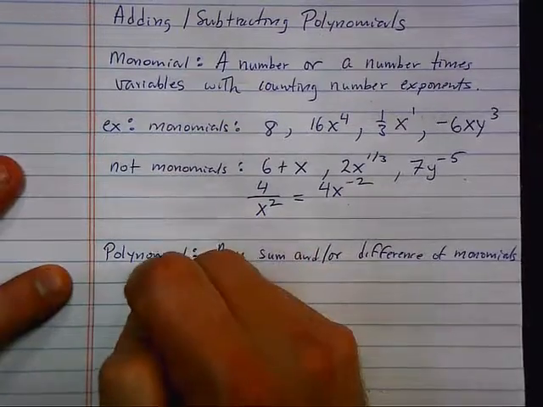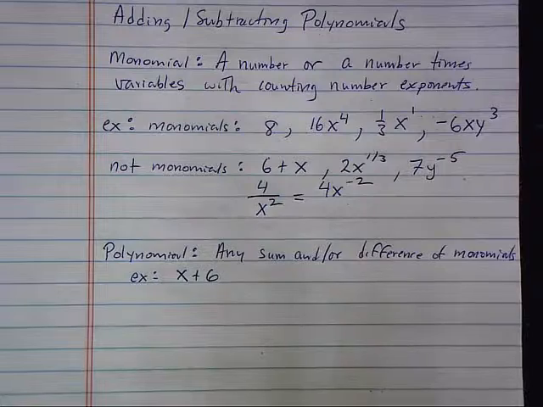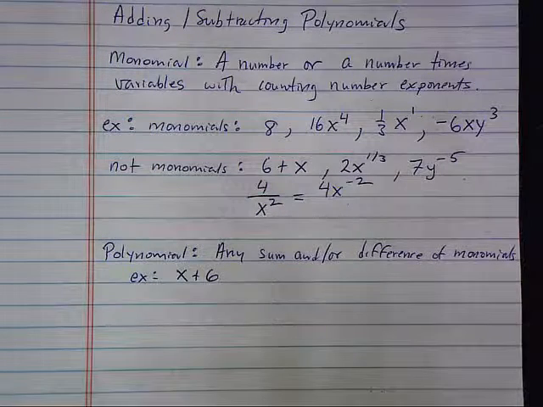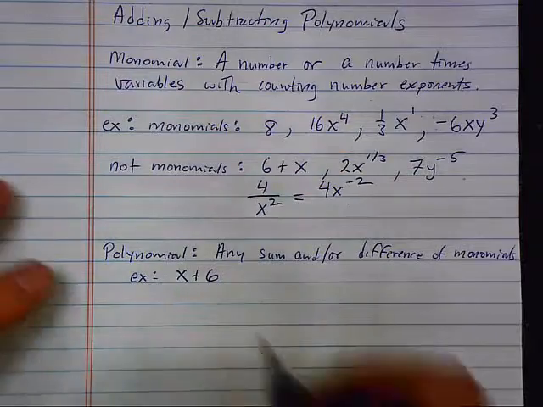So for example, x plus 6. We already had that one as not a monomial. It is a polynomial. In fact, it's called a special kind of polynomial. That's called a binomial. Why is that one called a binomial? Because it has 2 terms.